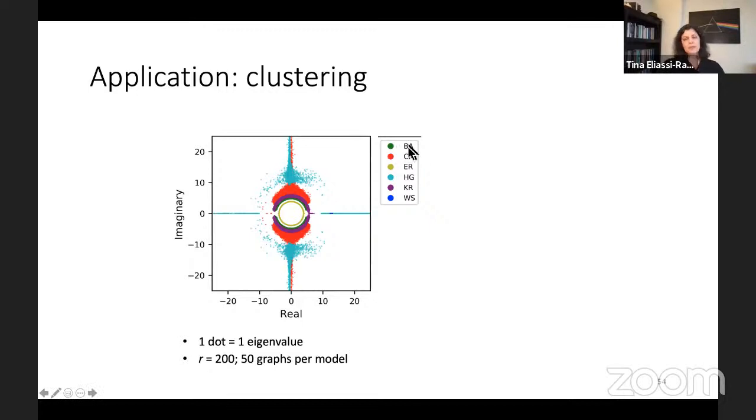A model here is, for example, the Barabási-Albert preferential attachment model, or Kronecker model, or hyperbolic model. One of the things which is interesting is that of the random graph models that people have generated, we are not seeing eigenvalues that reside in these extreme parts. They basically are around the origin.